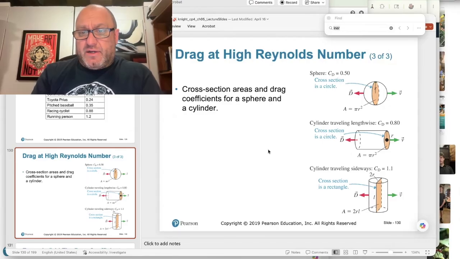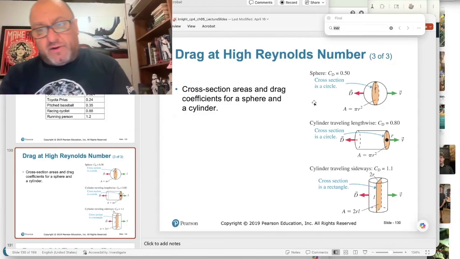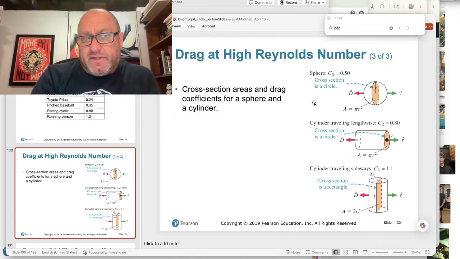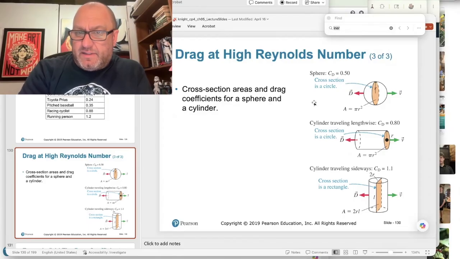Now, drag at high Reynolds numbers, which is where most things we're going to be dealing with are. We consider the cross-sectional area of the thing, and that's going to give us an area, basically. A cylinder traveling lengthwise has CD equals 0.80.